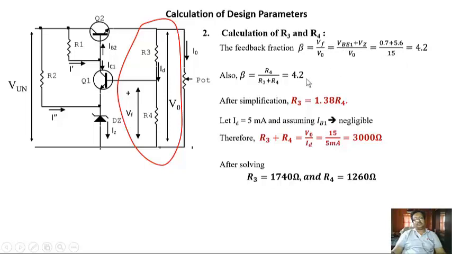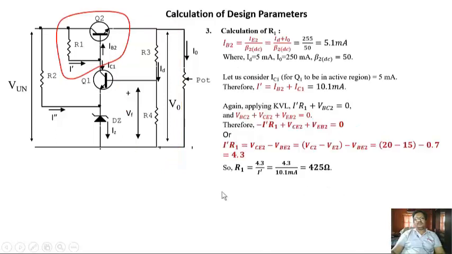So beta can be expressed in terms of resistors R3 and R4. After simplification, R3 will be 1.38 R4, and assuming ID equal to 5 milliampere, IV1 can be negligible, therefore R3 plus R4 equal to 3 kilo ohm, and you can calculate R3 equal to 1.74 kilo ohm and R4 equal to 1.26 kilo ohm.